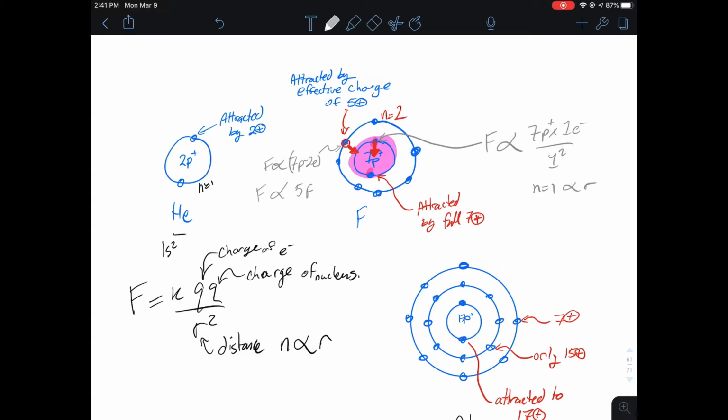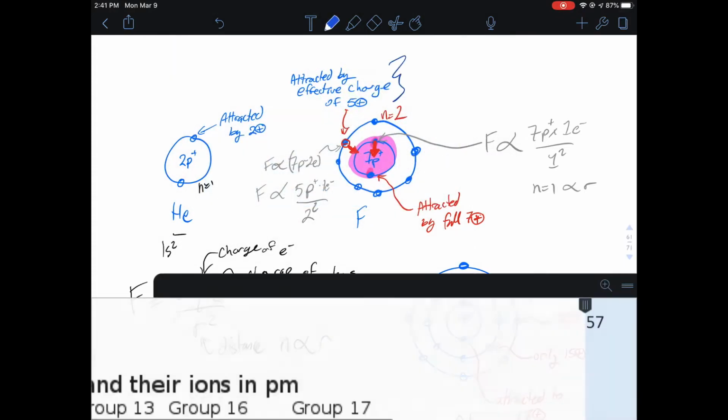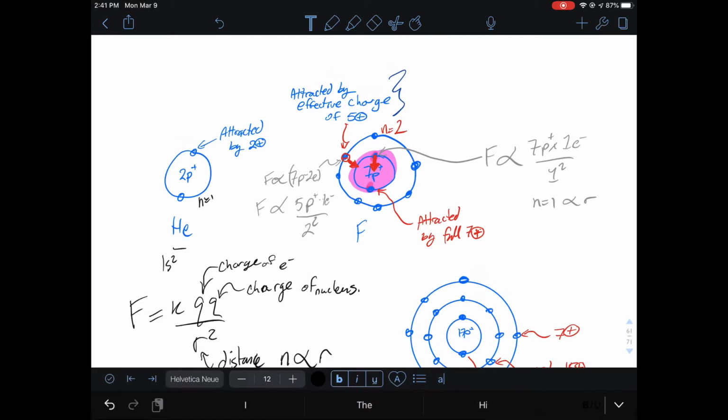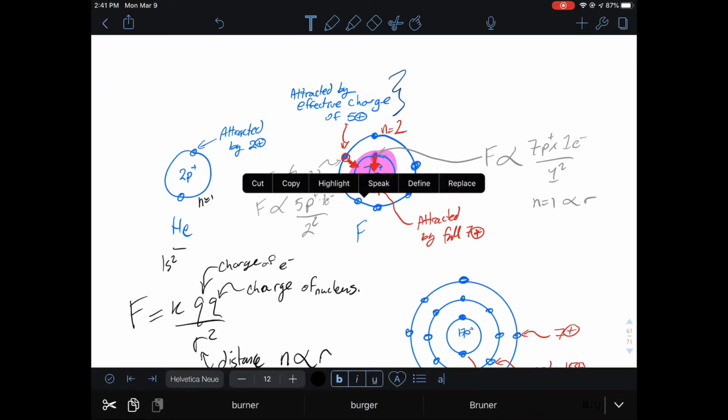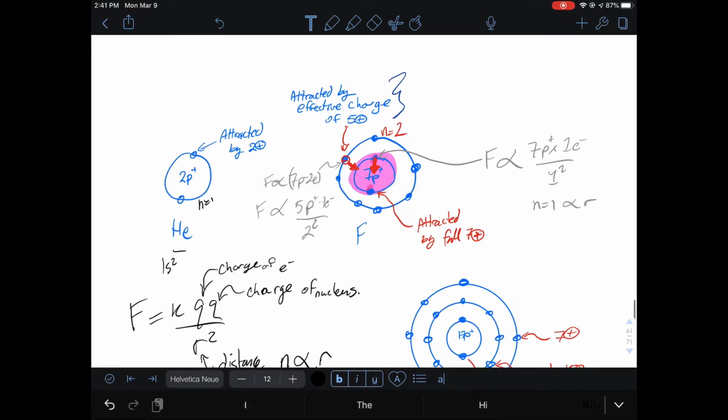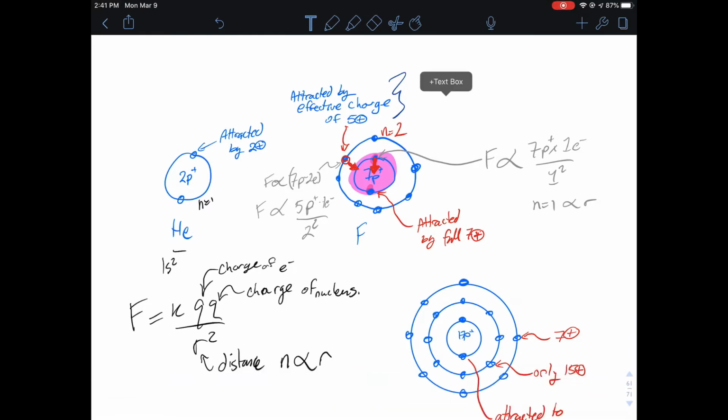So it's like it's attracted to 5 positive charges, times the 1 electron, divided by, and now the n is increased, so it's like 2 squared or something. So not only is the distance farther, but the distance has increased. I'm just going to type it because I find that my writing is getting pretty... Give me a box here.